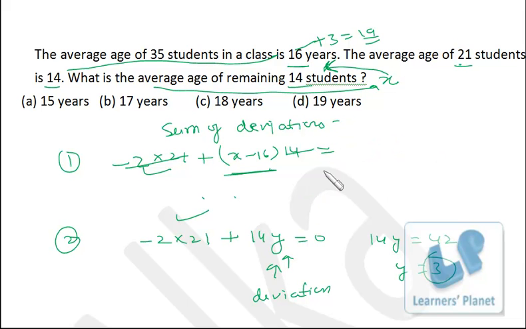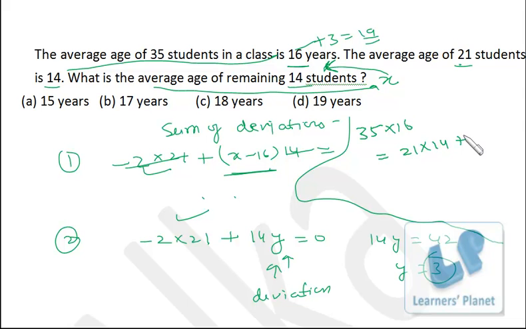Now the regular method I just described: 35 students, so the total age will be 35 into 16. The total age of 21 students at average 14. The average age of the remaining 14 students we assume to be x, so the total age will be 14x. Now you have to solve this.